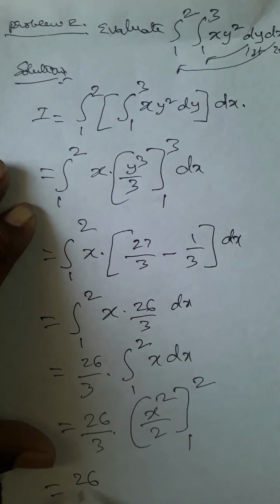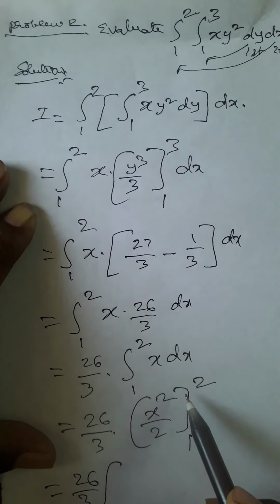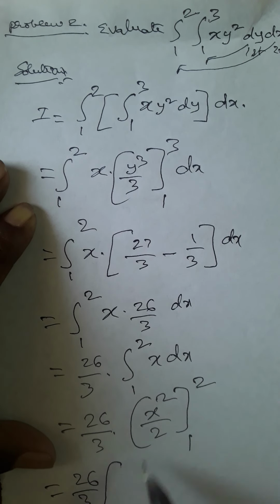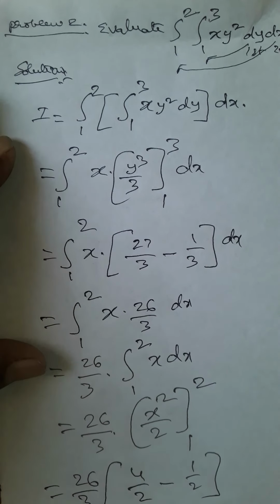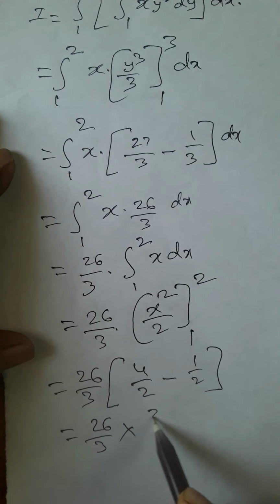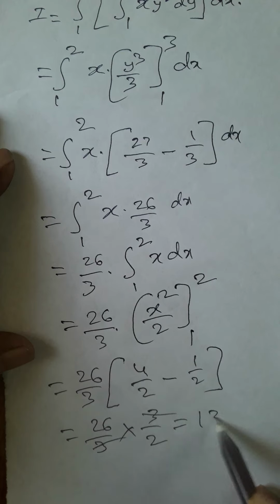This is equal to 26 by 3, 2 square, 4 by 2 minus 1 by 2. So this is equal to 26 by 3 into 3 by 2. 3 cancel, 13.